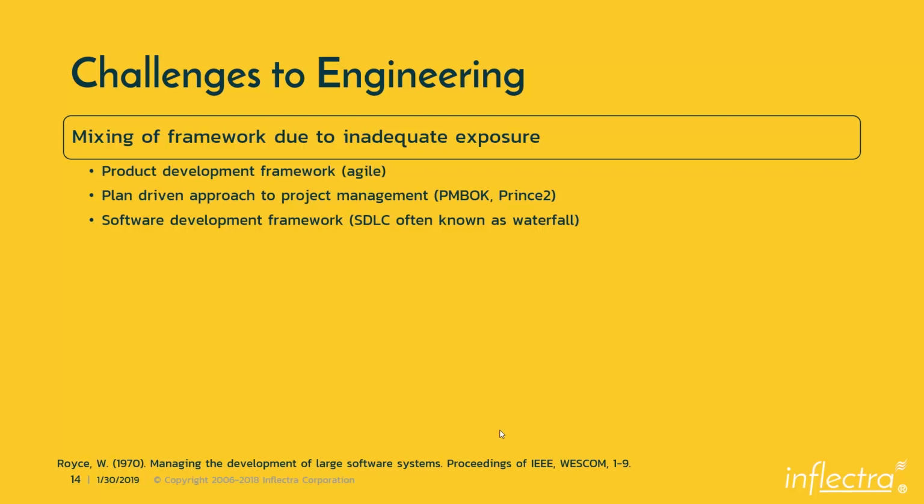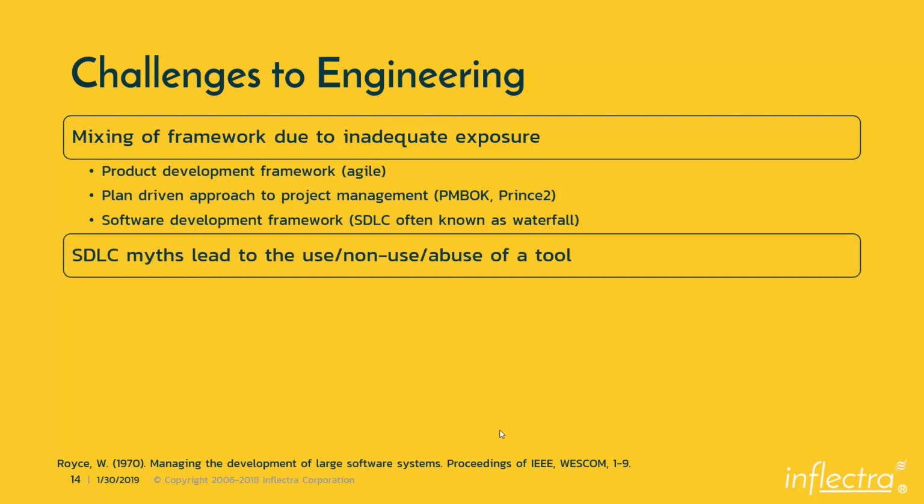But when we mix these frameworks, in addition to the software development framework, several confusions arise. And some of the common myths involve how we adapt practices rather than how we adapt the tool. And these practices lead to the incorrect use, non-use, or abuse of a tool.